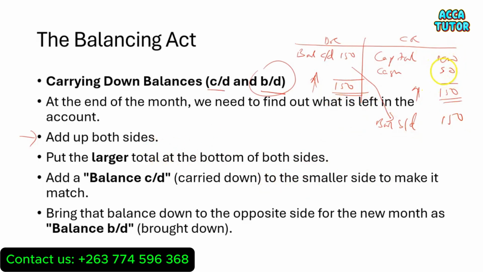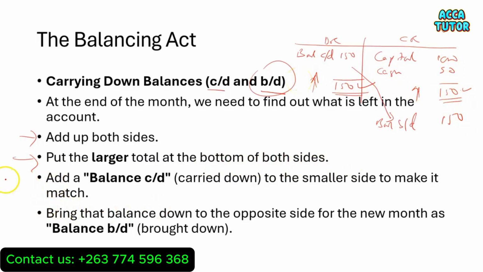So the larger side was the credit side. This is why we added 150, and we put this 150 on both sides, because the rule says you need to put the larger total at the bottom of both sides. The larger total was the 150, so we put it on both sides.